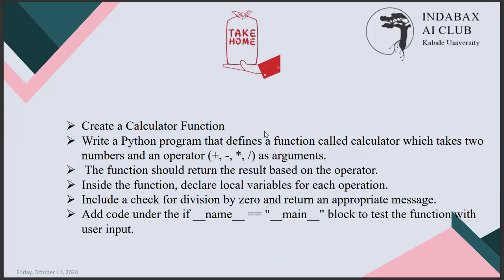Inside the function, declare local variables for each operation. Include a check for division by 0 and return an appropriate message. Add code under the if __name__ block to test the function with user input. So I hope this will be simple for you. This is your take home for today to help you practice these concepts so that you can master them.